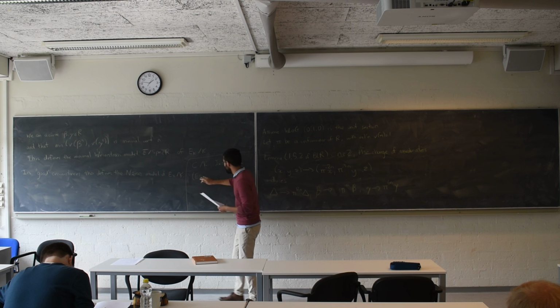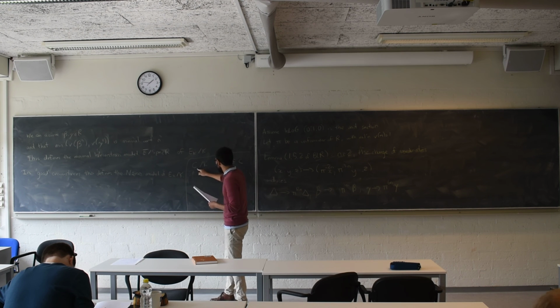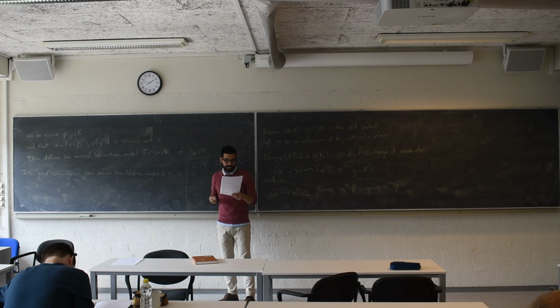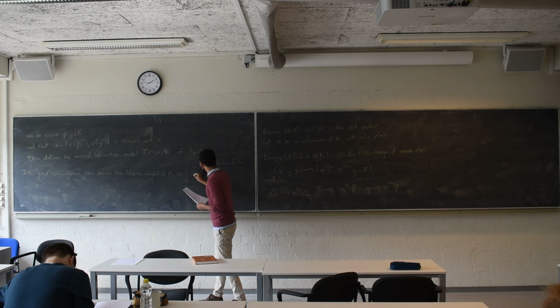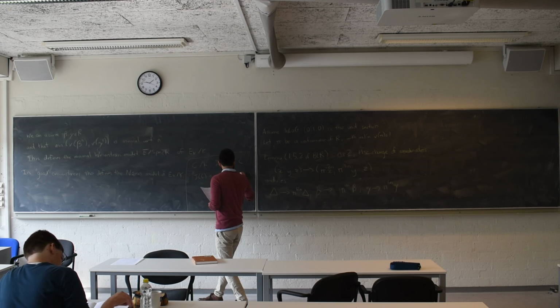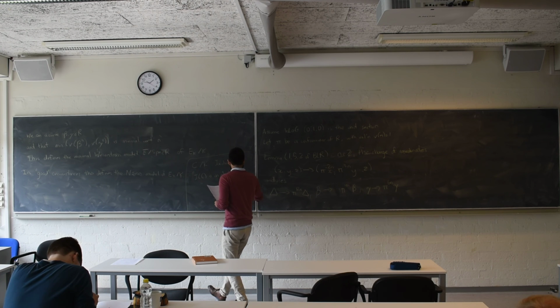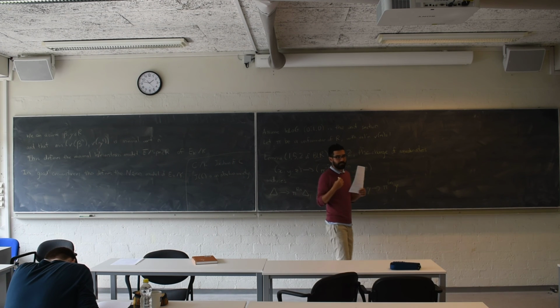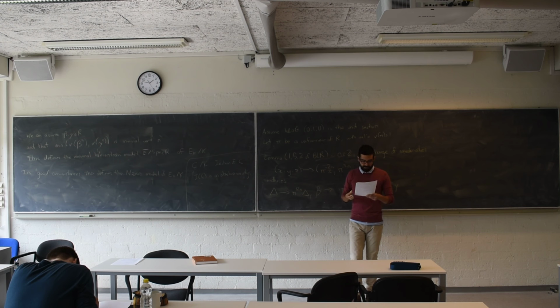But in general, if we take any curve, then the Jacobian is an abelian variety over K. And then we can find its Neron model, which is very nice.